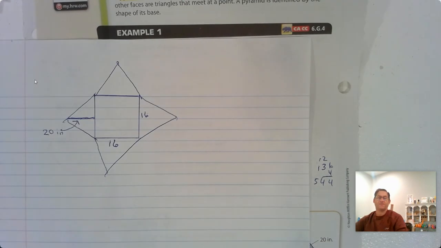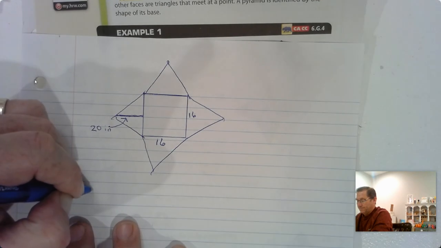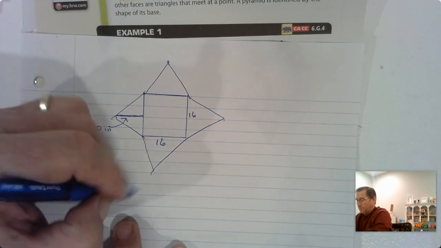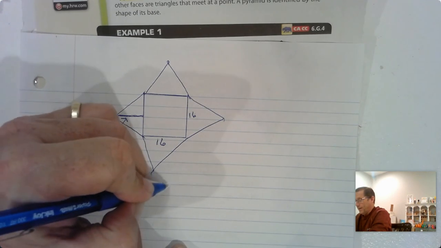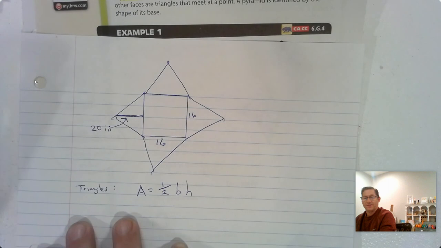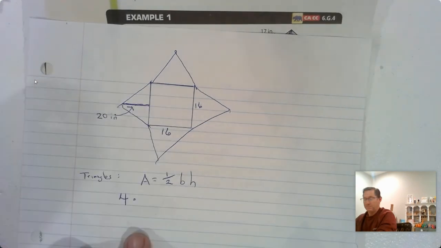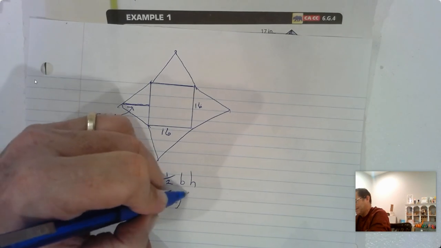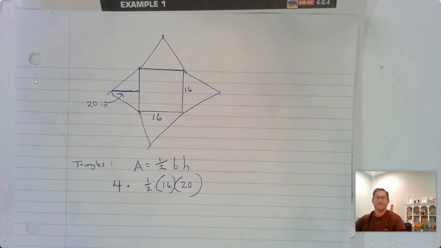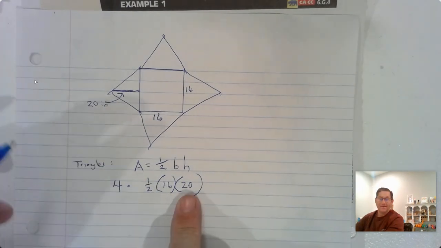Okay, so now let's figure out the area of these. So the triangles would be area equals 1/2 base times height. Well, we have 4 of them, so we're going to go 4 times 1/2, 16 times 20. Well, I'm going to take half of 20.